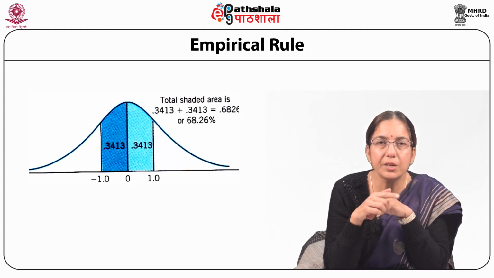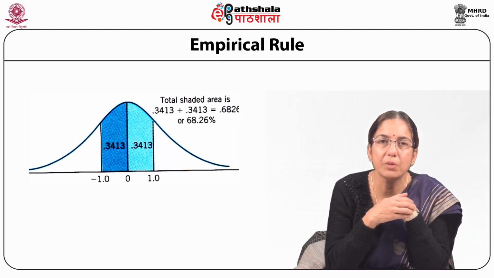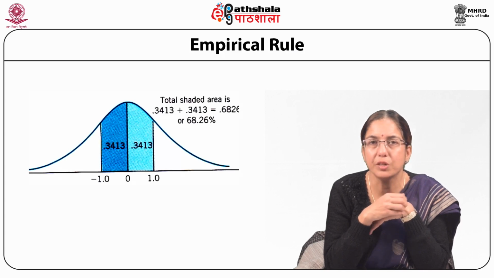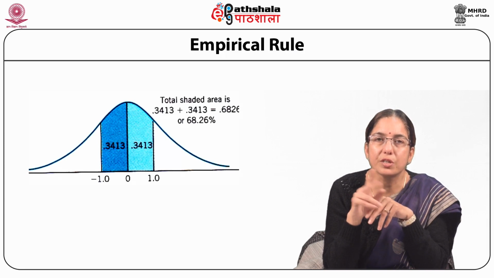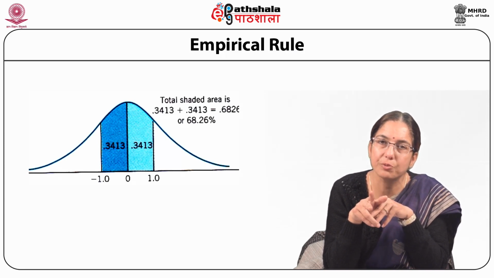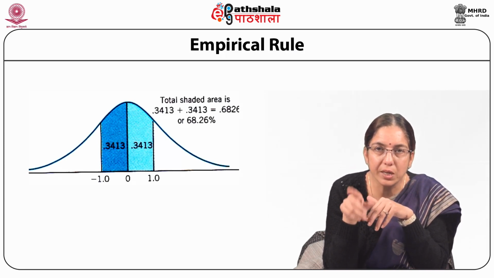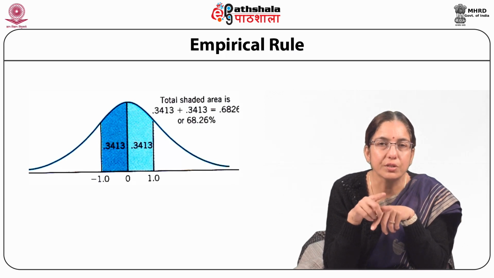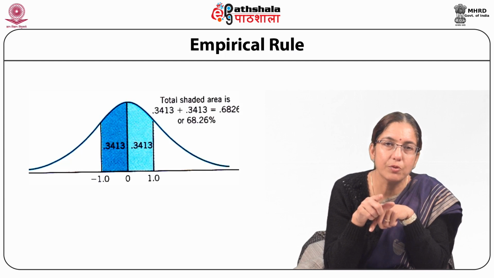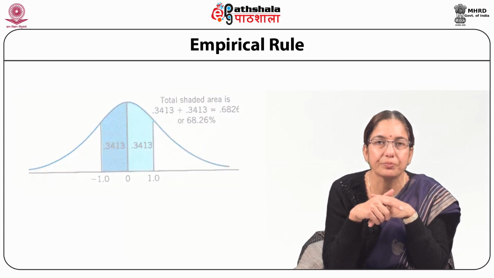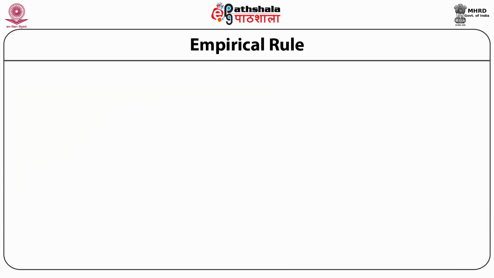Consequently, the total area between z equal to -1 and 1 is the sum of these two, so 68.26%. So the total area under the curve, which is the shaded area, is 68.26%.